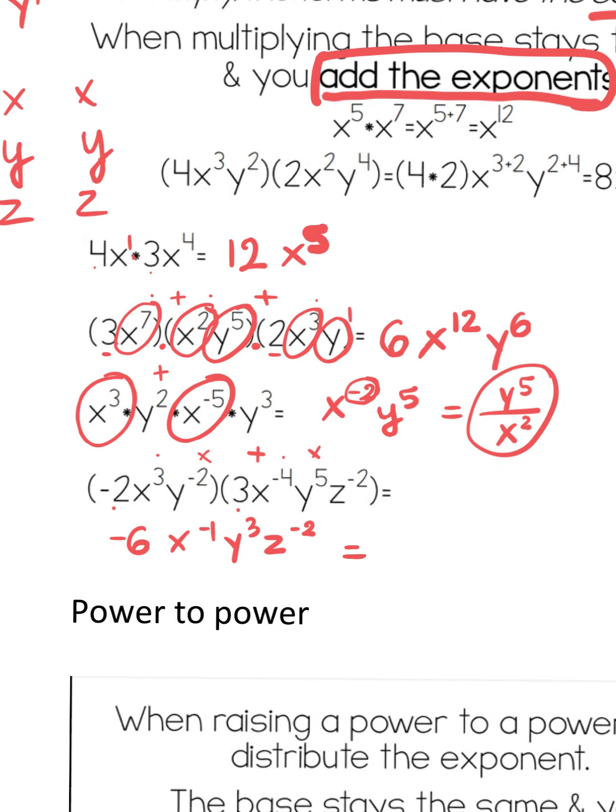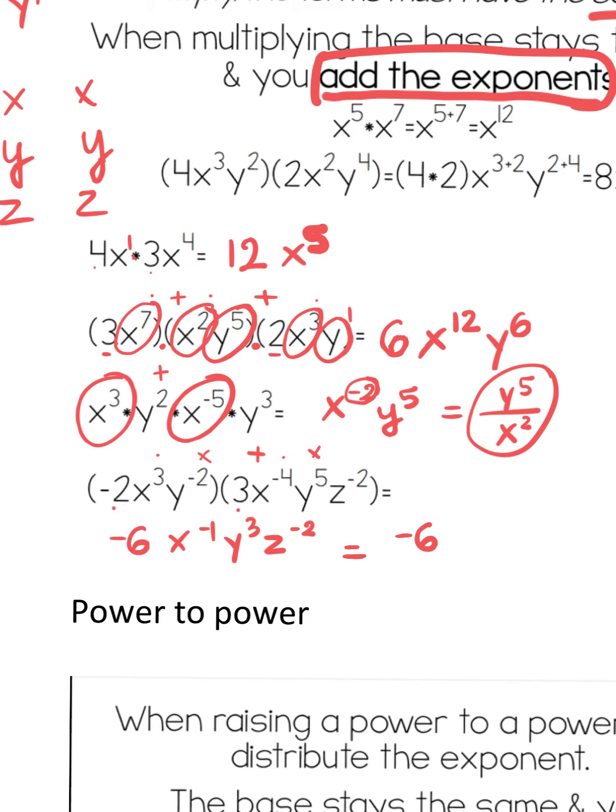All right. Let's simplify this because we have negative exponents. Negative 6 is a number, so we still keep it. You can't flip and negate negative 6. You can't have 1 over 6, right?